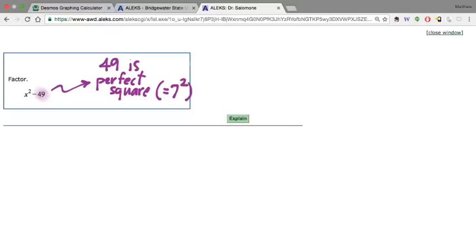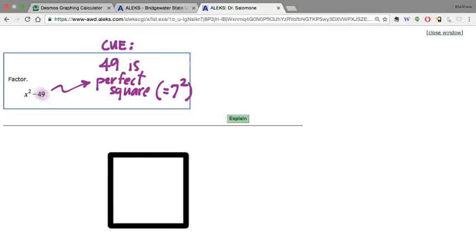And that's the cue that's going to remind us that the technique we're about to use could work in this situation. Because what having a perfect square is going to allow us to do, and here's going to be the connection to ways that we've already learned how to factor.